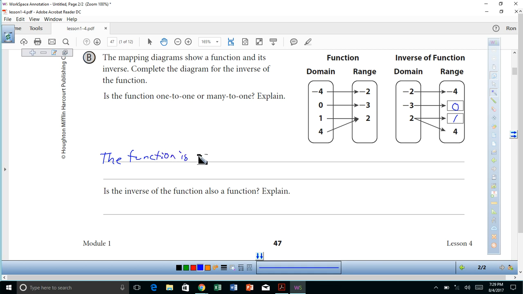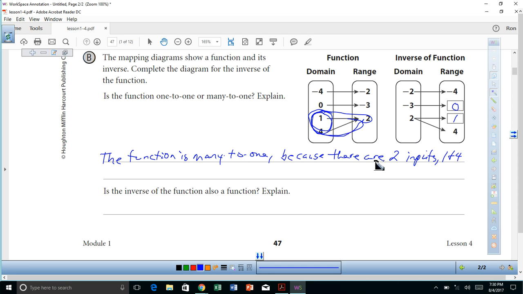It is many-to-one because there are two inputs, that would be 1 and 4 right here, these two right here, and they group with that 2.